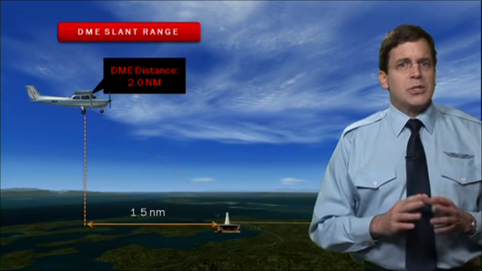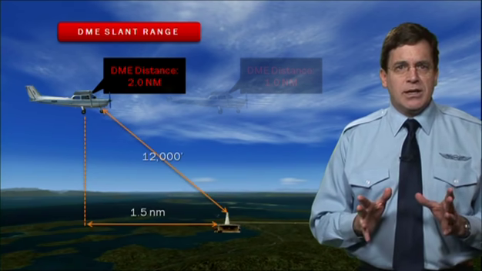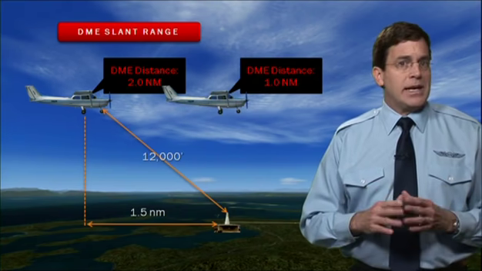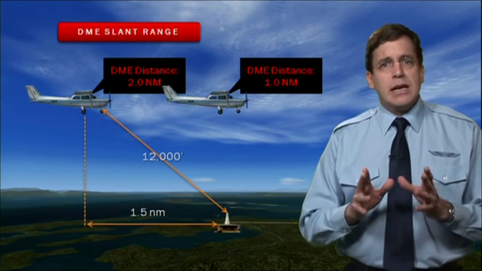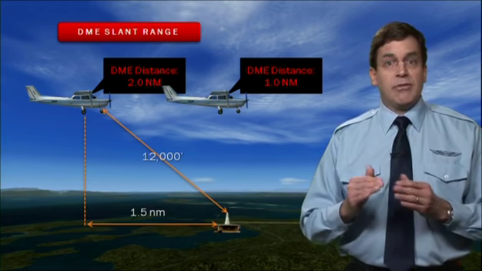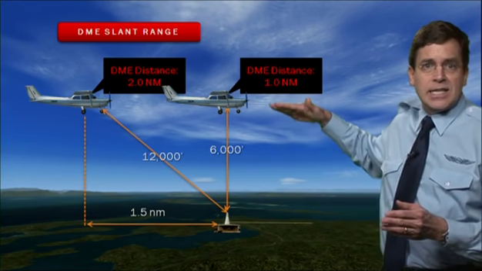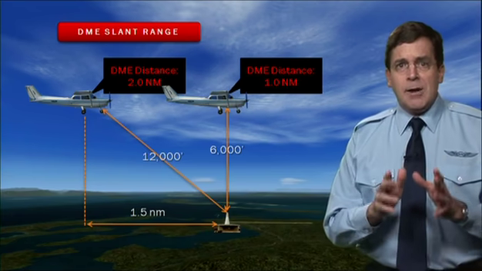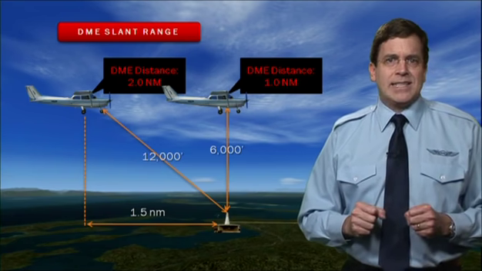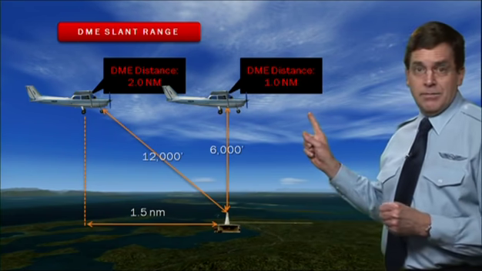When the aircraft flies directly over the station, the DME display does not read 0. The DME reads the altitude of the aircraft above the station. So at 6,000 feet above the station as you pass overhead, your cockpit display reads exactly 1 nautical mile.